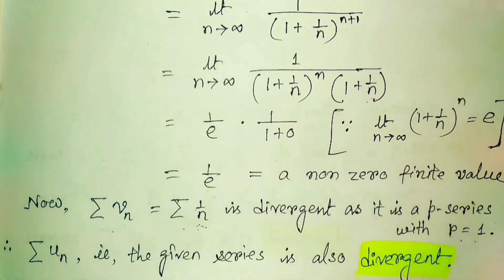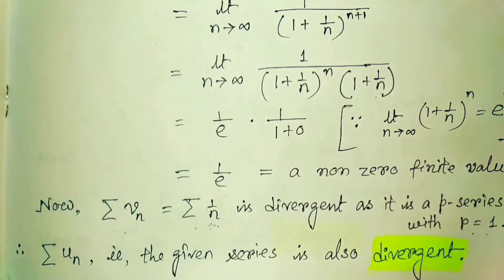So Vn is a divergent series, and by the comparison test, the limiting value is a finite non-zero number, so we can say summation un is a divergent series. I hope you understand.